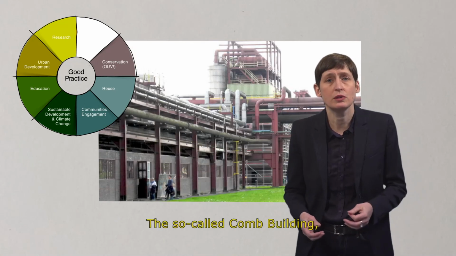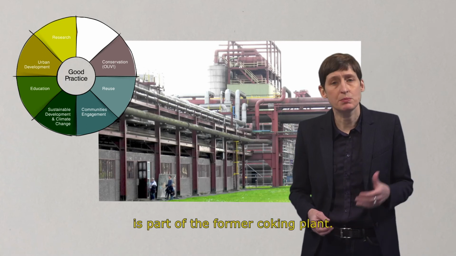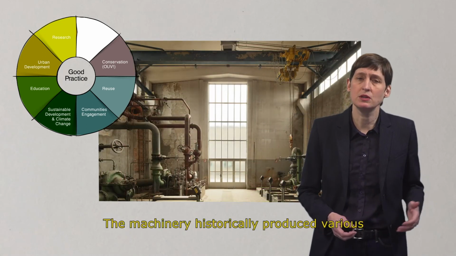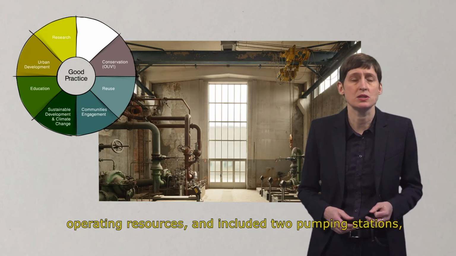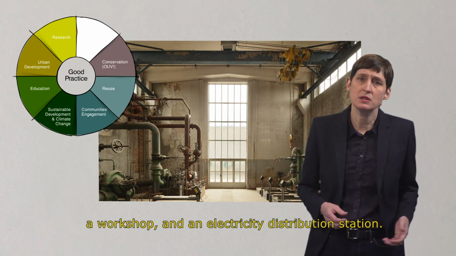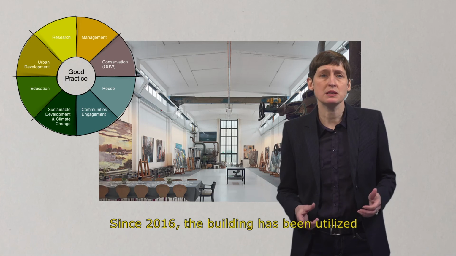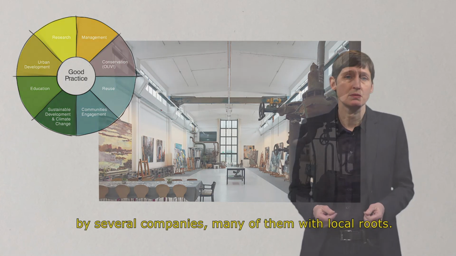The so-called Comp building, designed in the 1950s by Fritz Schupp, is a part of the former coking plant. The machinery historically produced various operating resources and included 2 pumping stations, a workshop, and an electricity distribution station. Since 2016, the building has been utilized by several companies, many of them with local roots.